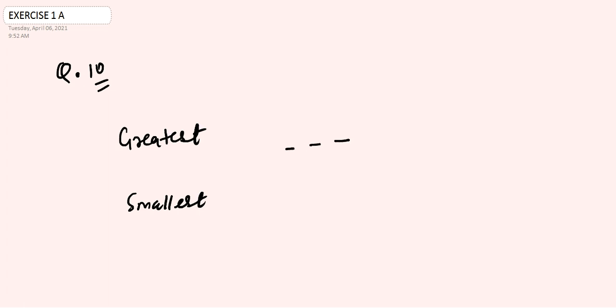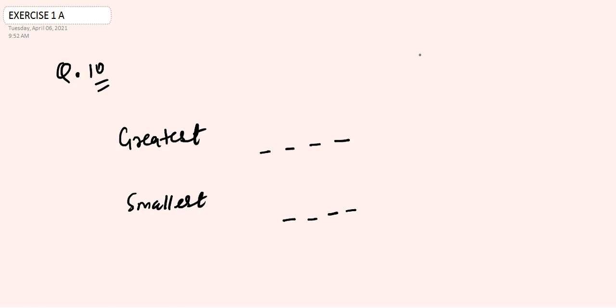Then the same, question number 10. Form the greatest and smallest 4-digit number. So 4-digit means what? Ones, tens, 100, 1000. Using any 4 different digits.